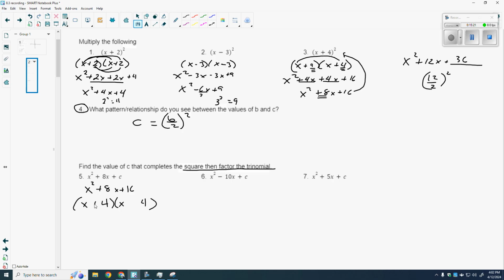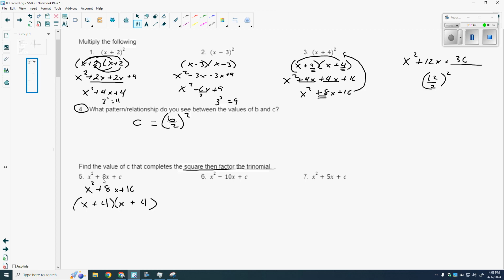If this is a plus, then both of these are positive. Notice this number right here is half of that number there.